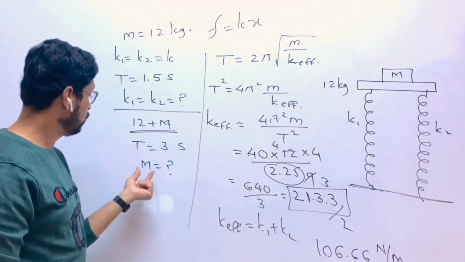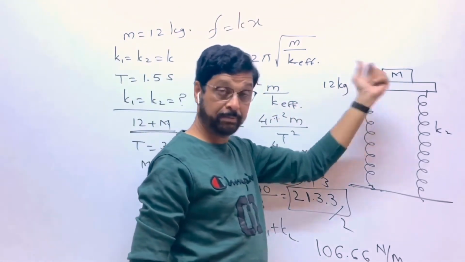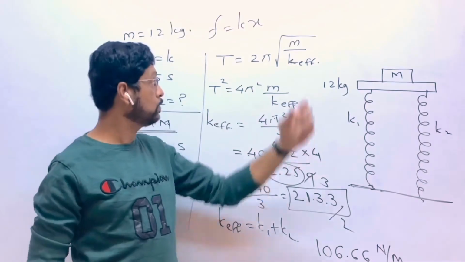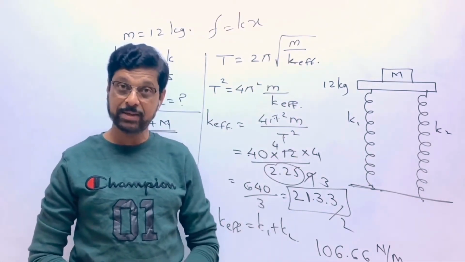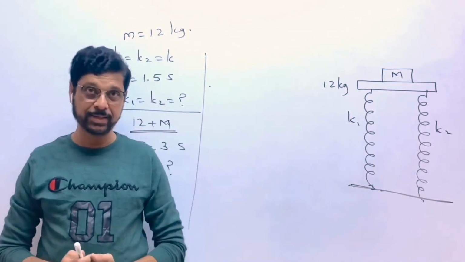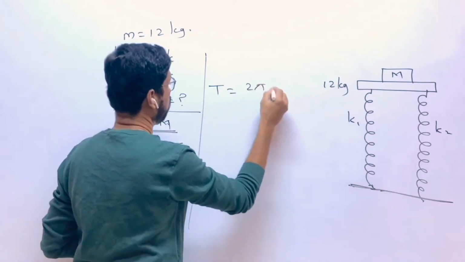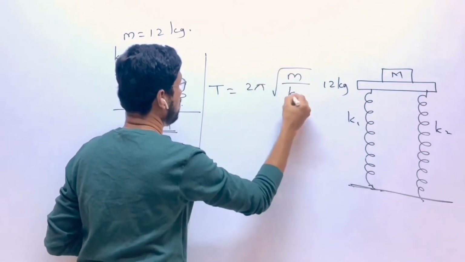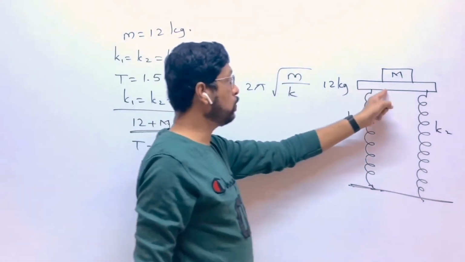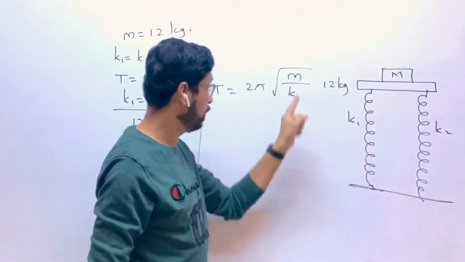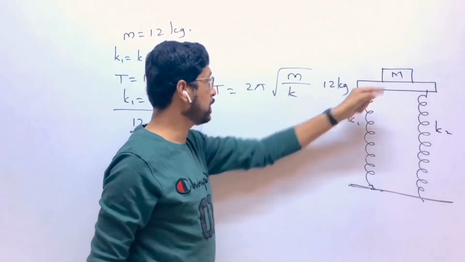Now you have to find capital M when this is kept here. Again, you can use the same formula. T is equal to 2 pi under root M by K. So now in the second case, again, T is equal to 2 pi under root M by K. But this M will now be 12 plus capital M, because now the total mass will be the mass of the tray plus the mass of the block.